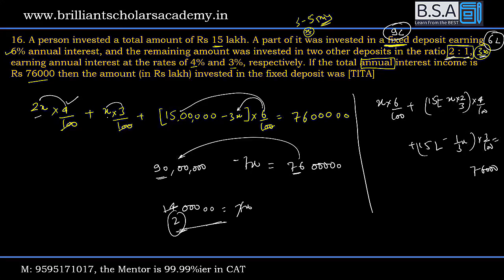Now, there is one more way in which you could think, but for this, you need to understand the concept of averages. So see, I'm adding one extra slide. This is a slightly superior approach. When you already have this as 2:1, why don't you assume this was also in some ratio?